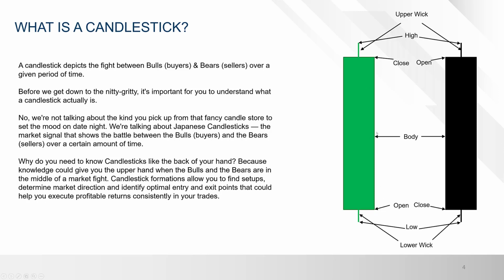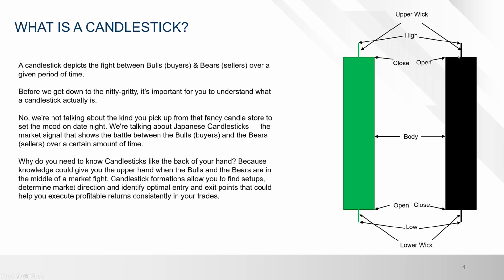On the bullish candle, we've got the body, which is the large part of the candle. As a bullish candle, it opens lower and closes higher. For a bearish candle, it is the opposite.